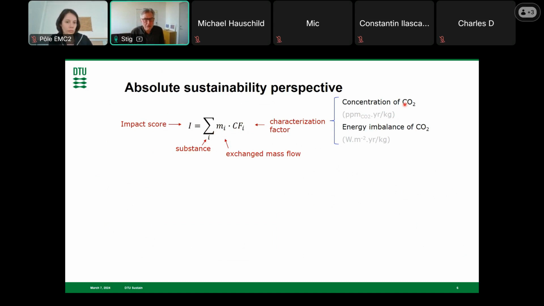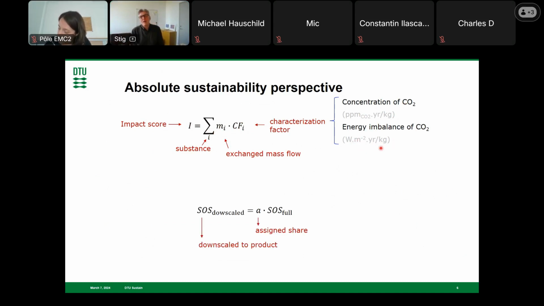And we have an energy imbalance of CO2, which is watt per square meter per year per kilogram. These are related to the ways that climate change has been calculated in the planetary boundaries.